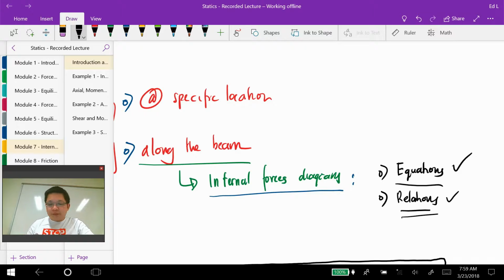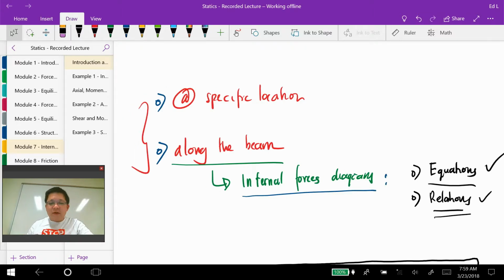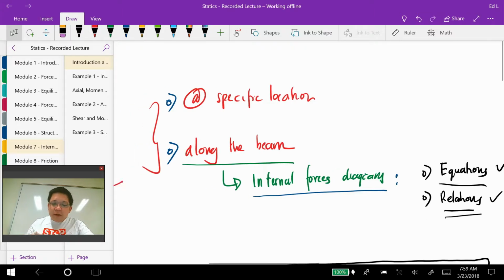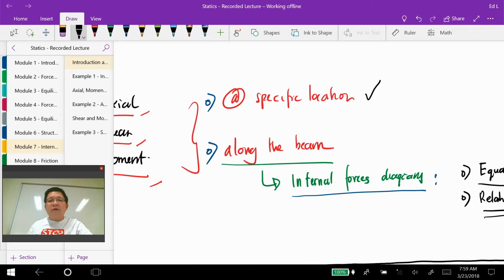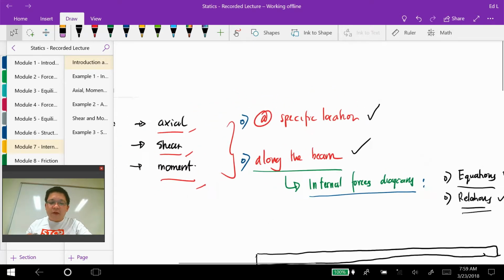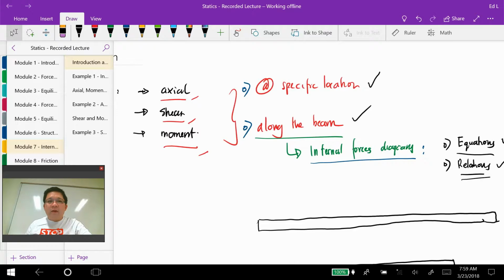Before we start discussing how to calculate the internal forces at specific locations and along the beam, we first have to agree on the sign convention that we will use.